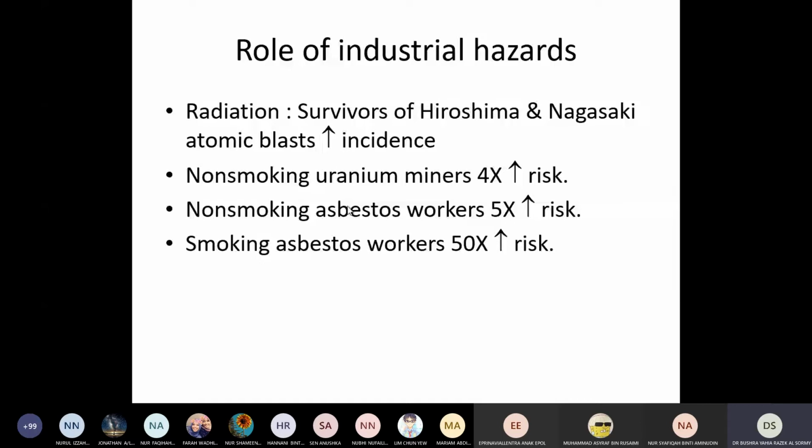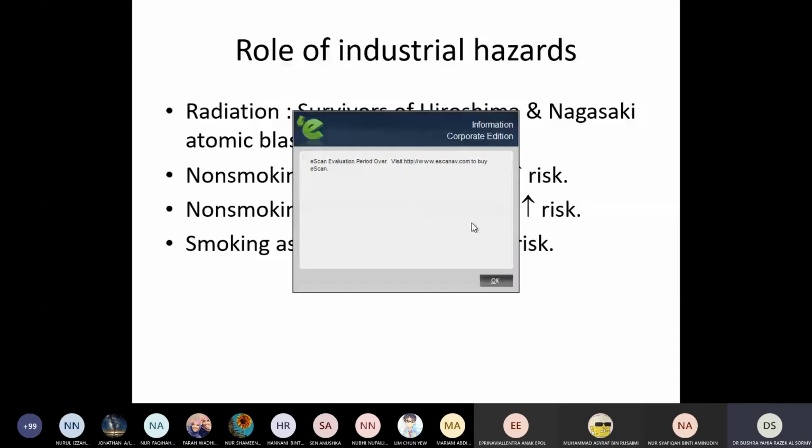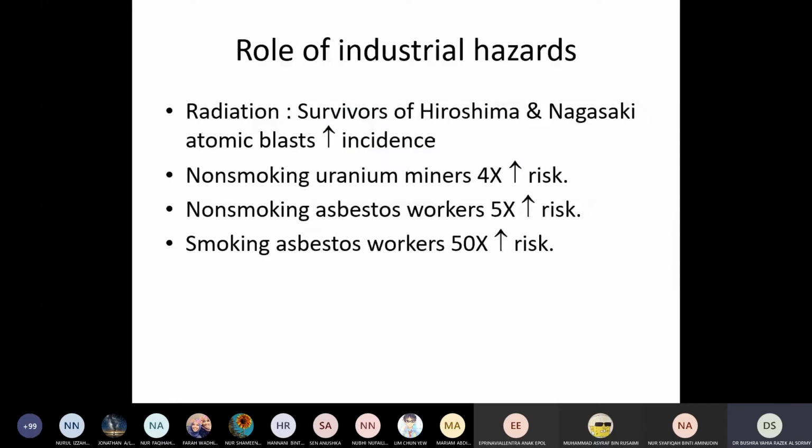Asbestosis is also seen in lung cancer and is implicated in pleural cancer, mesothelioma. So it's implicated in both mesothelioma and bronchogenic carcinoma.